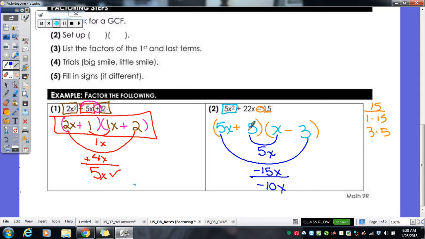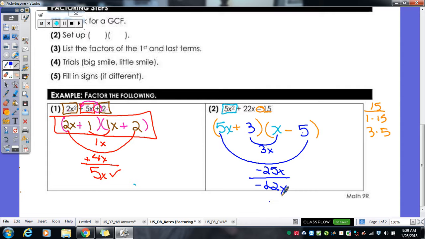So let's switch it. Let's try the 3 first, and then the 5. Hopefully you're using pencil. So I'll put my 3 there, my 5 there. So now my little smile, 3 times x is 3x. 5 times negative 5 gives me negative 25x. I get a negative 22x. Is that exactly like my middle term though?